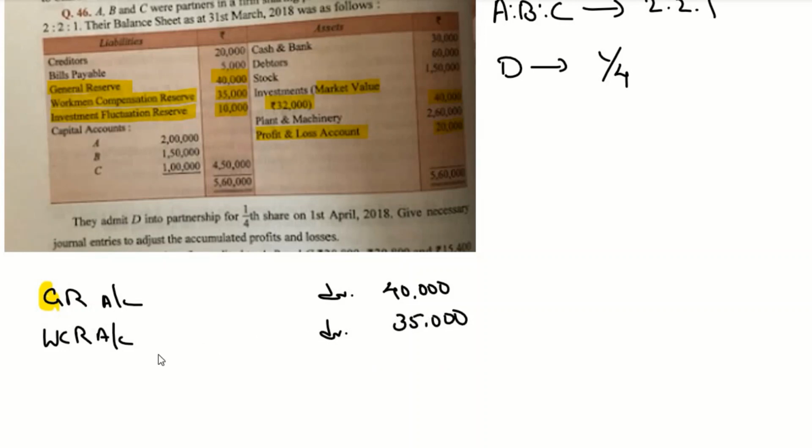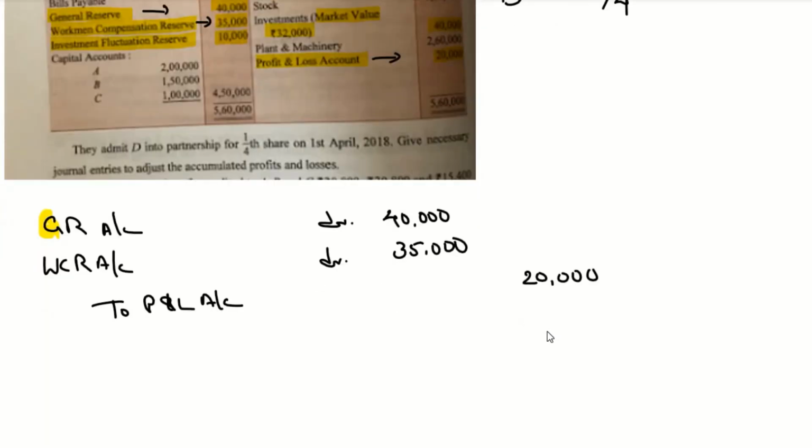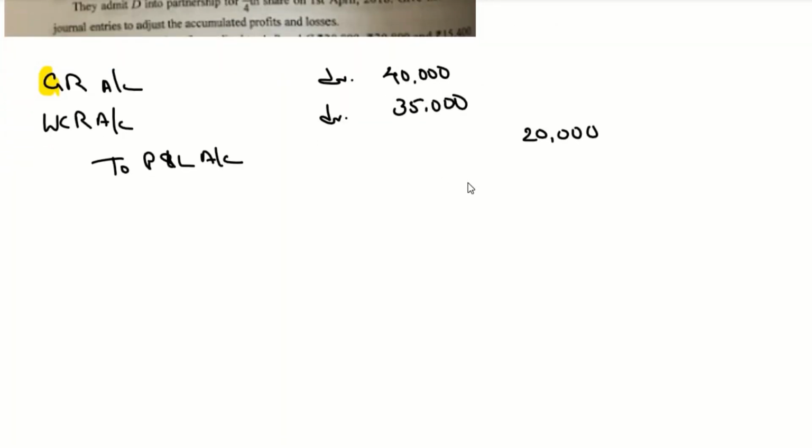Now on the credit side, we completed this one and this one, and this one we will wait to adjust the investment. So we can also put the P&L account. So to P&L account 20,000. So 40,000 plus 35,000 is 75,000 minus 20,000. It's going to be 55,000.